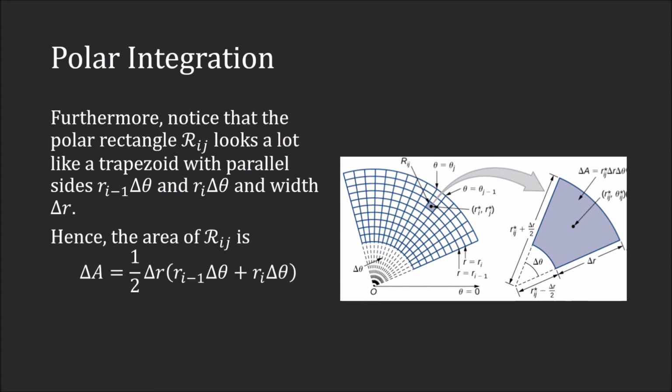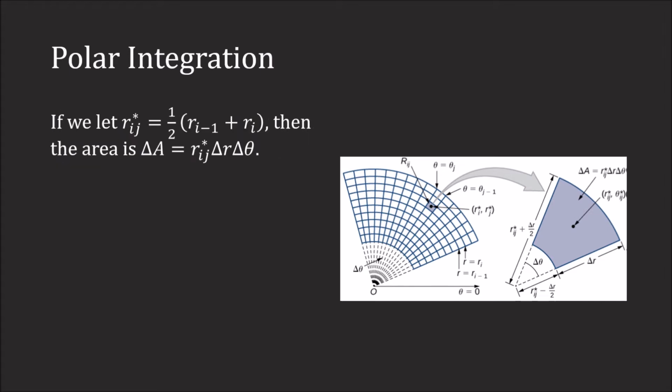Hence, the area of this region would be delta A equals 1/2 delta r times the quantity r sub i minus 1 delta theta plus r sub i delta theta. If we now let r sub ij star equal 1/2 (r sub i minus 1 plus r sub i), then we can rewrite the area as r sub ij star times delta r times delta theta.